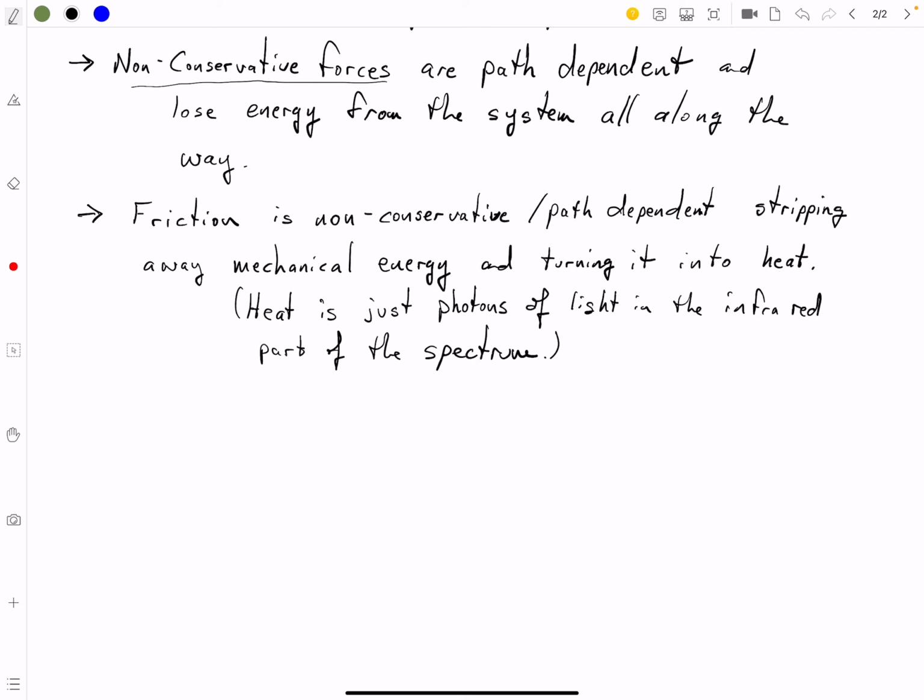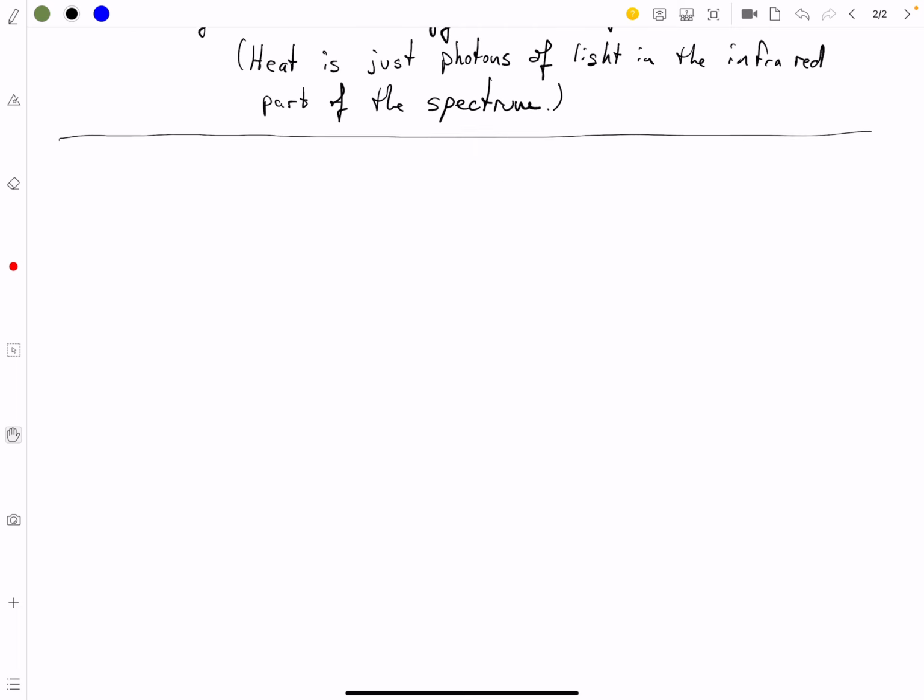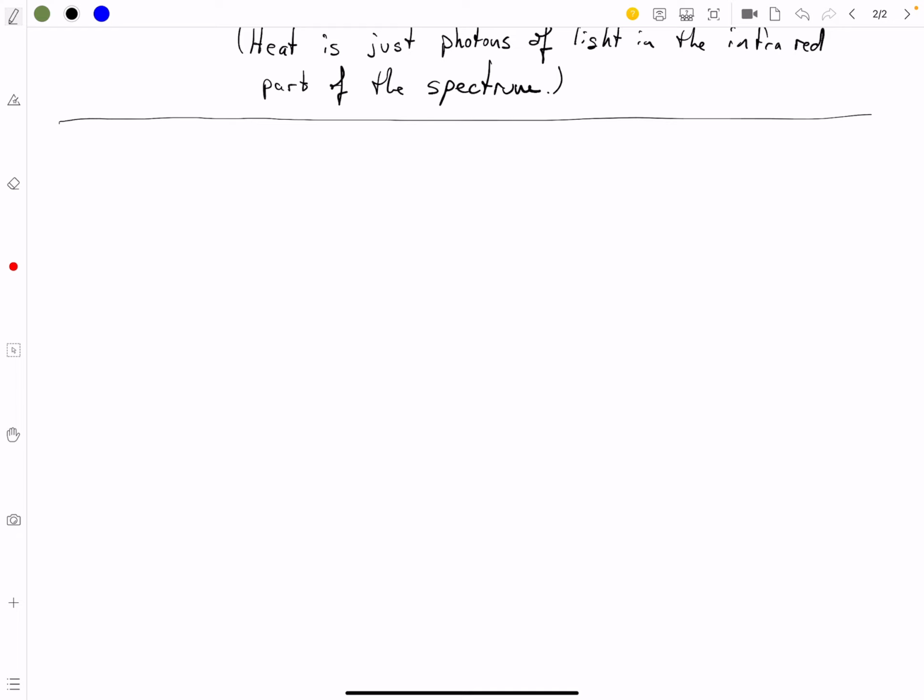And so I think I'm going to talk about it after and show you the examples so we can talk a little bit about conservative versus non-conservative forces. So let's do it. This is in the book. It's example 8.5.